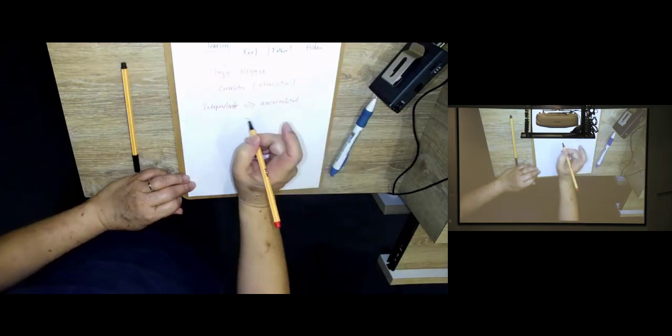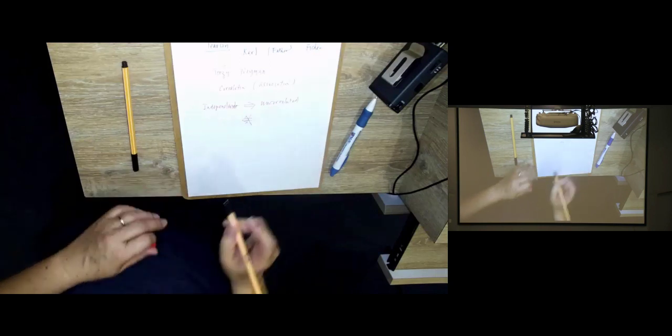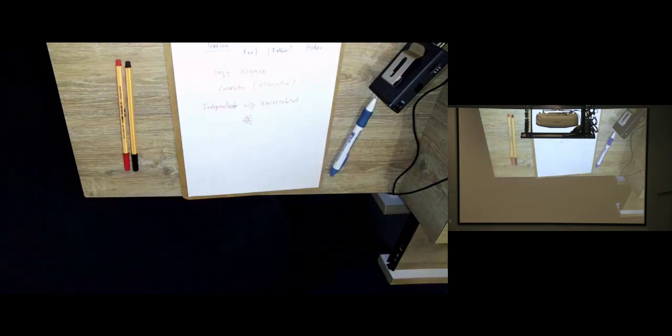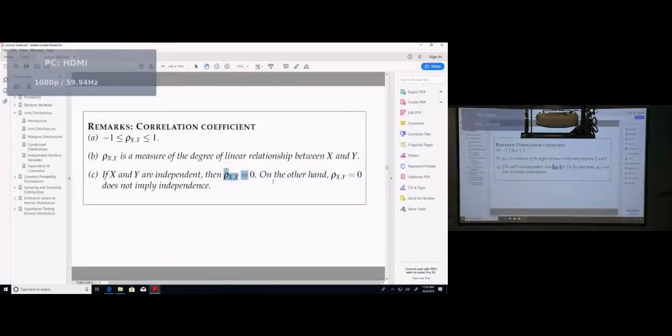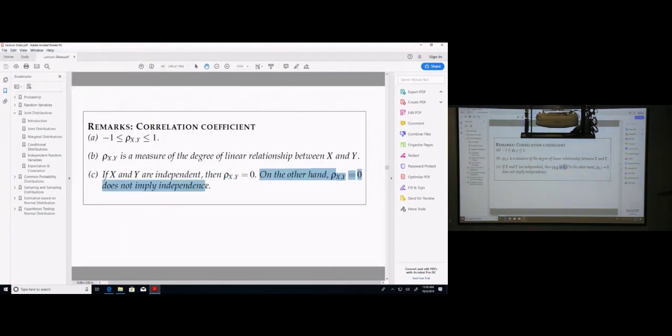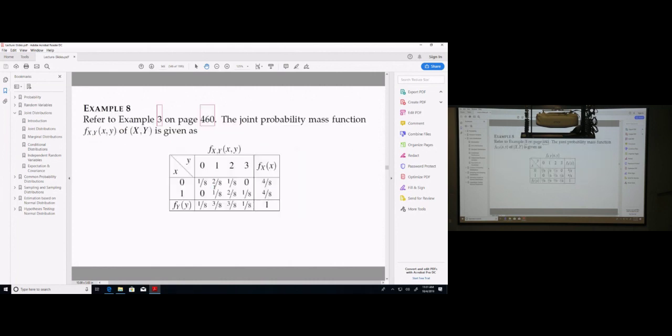Okay, but this is not true. The converse is not true. This is a very serious mistake if you commit this. It's like a cardinal sin. Okay, so we have this.